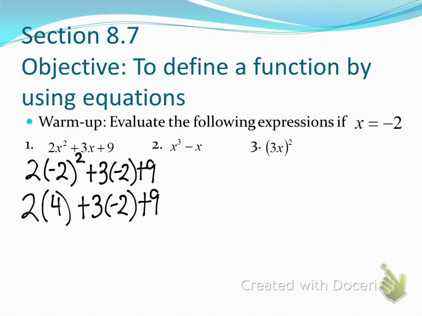Do we have any multiplication or division? Yes, we've got a couple of them. So we go from left to right. 2 times 4 is 8, plus 3 times -2 is -6. And then there's no more at the end there. The last operations for our order of operations, Jamal?